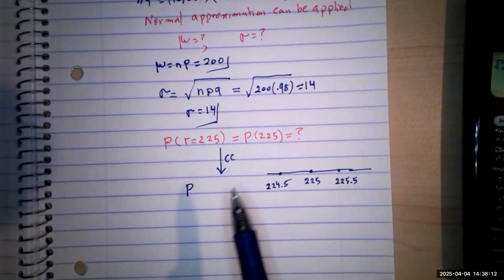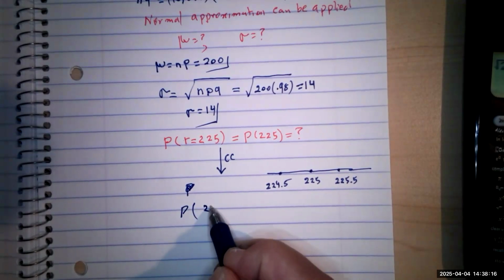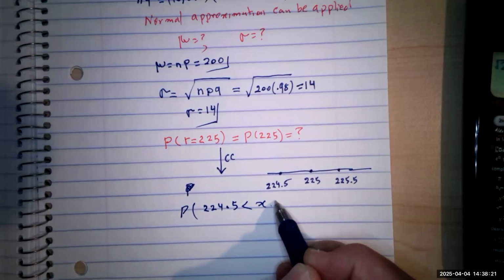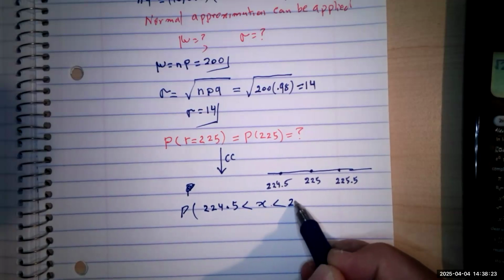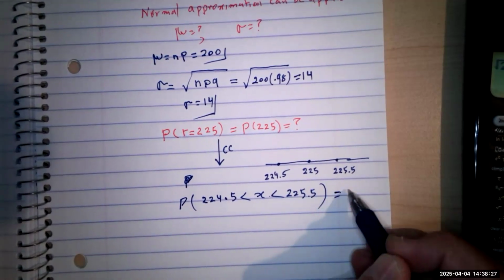So when it's exact, this is going to be your correction for continuity. So 224.5 less than X less than 225.5. This is the one that you have to find.